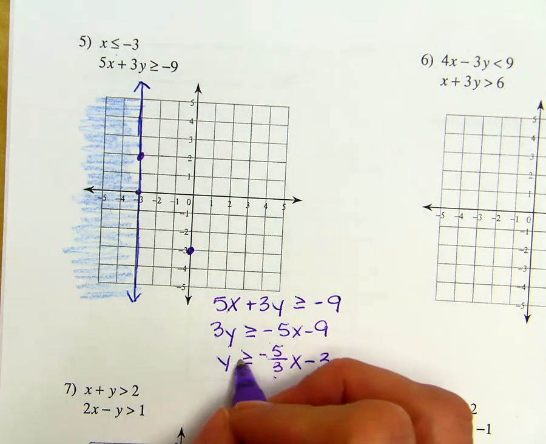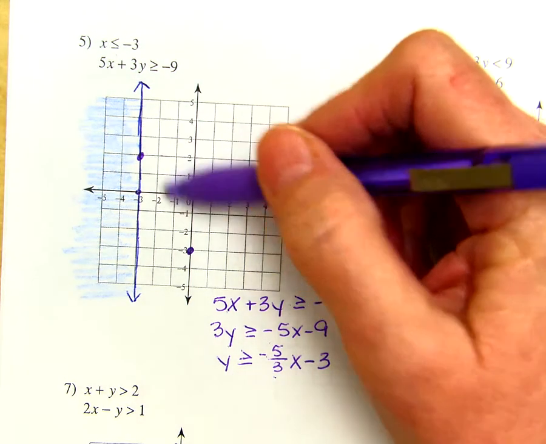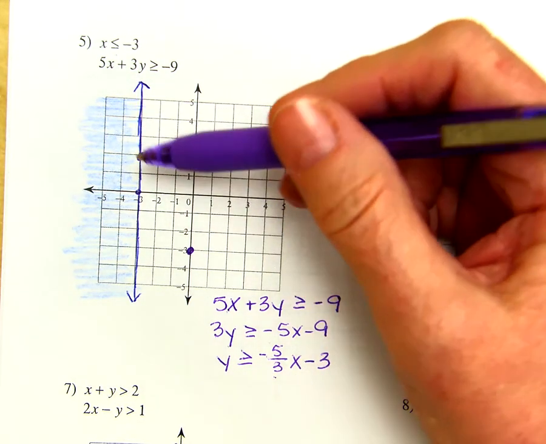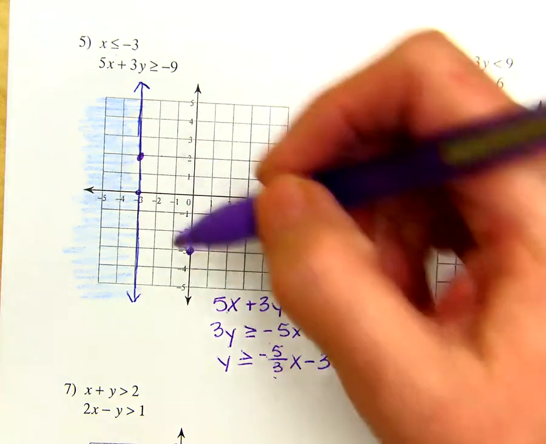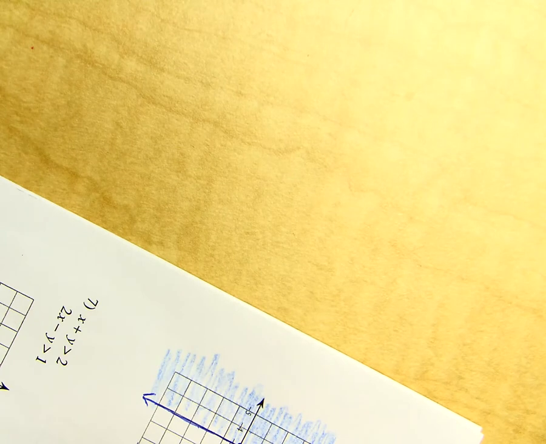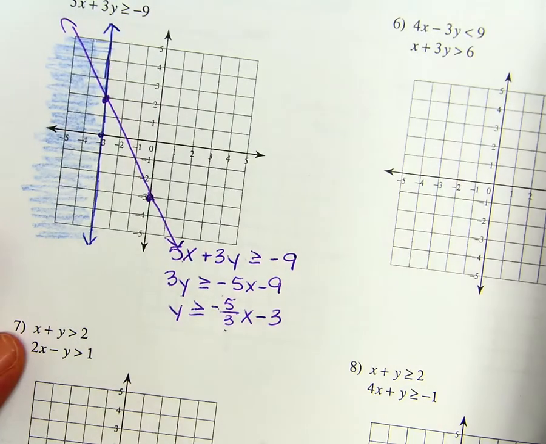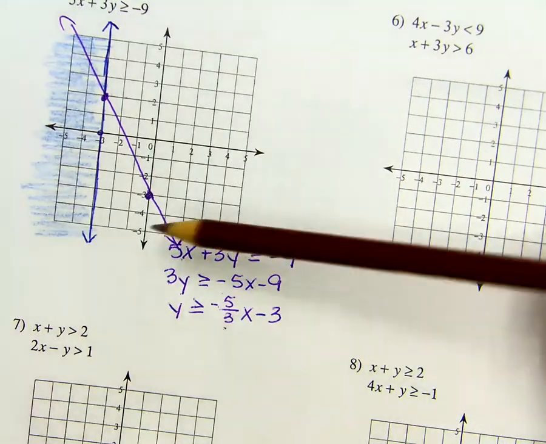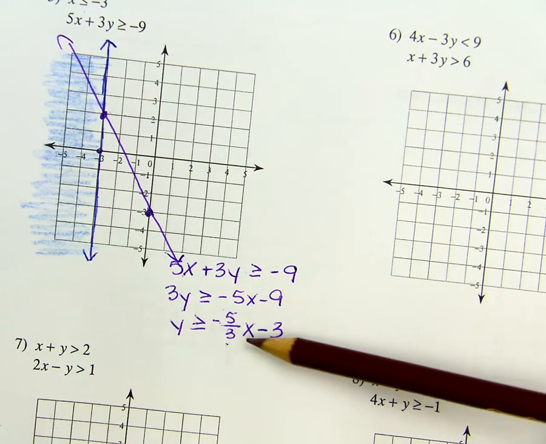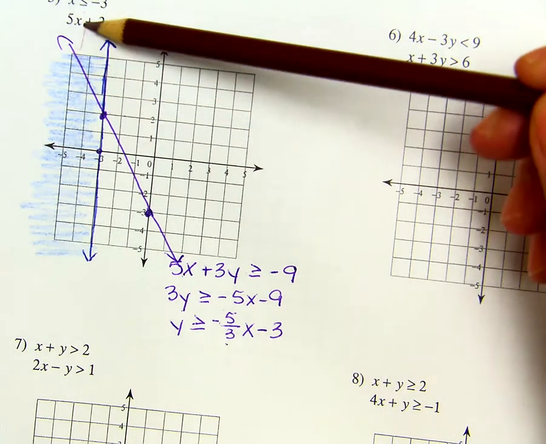This also is an inequality with an equals, so that means this line is going to be a solid line. So let me move the paper here to graph this line. So we have that line graphed, and this time we want things that are above this line. So we want to graph up here.